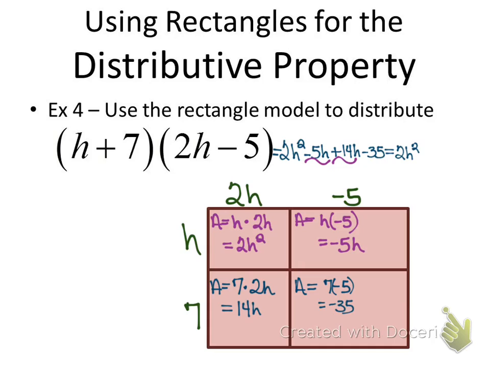What's negative 5h plus 14h? Negative 5 plus 14 is 9, so positive 9h. And the last part of my answer? Minus 35. That's it.